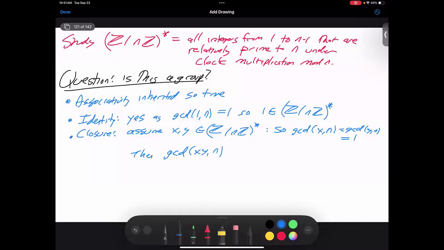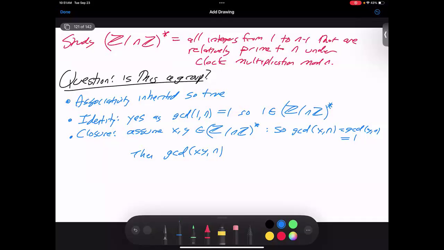So x has no factors in common with n, y has no factors in common with n. Could there be a factor in common with x, y, and n? So imagine 5 divides n. 5 doesn't divide x, 5 doesn't divide y, but 5 divides x times y.